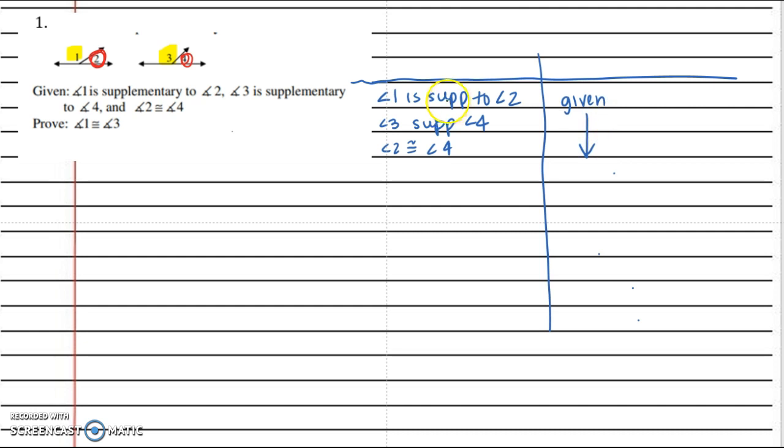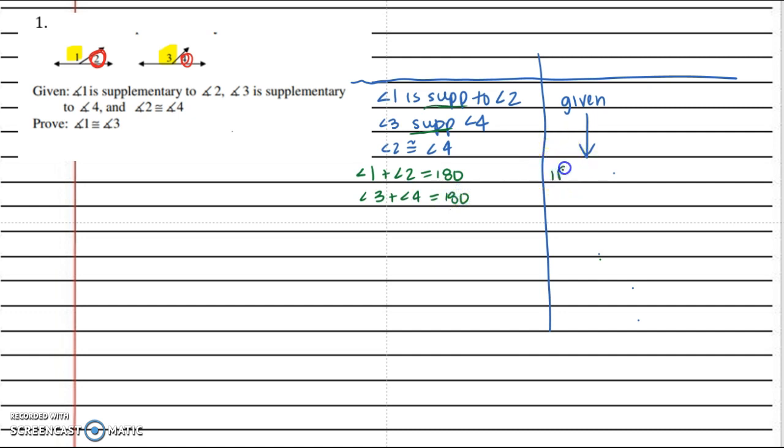So let's use the definition of supplementary, or our if-then statement dealing with supplementary. Angle 1 plus angle 2 equals 180, and angle 3 plus angle 4 equals 180.